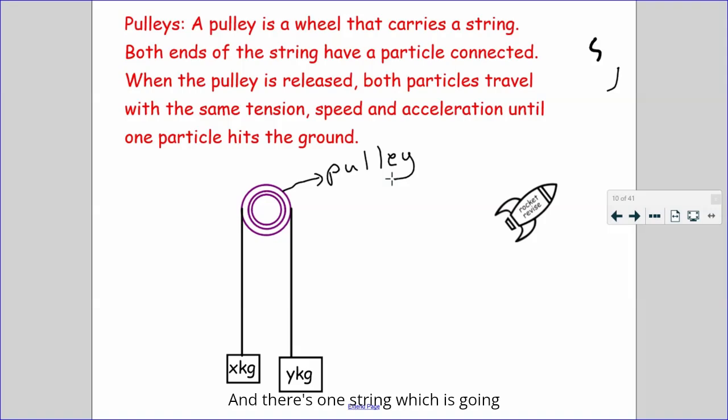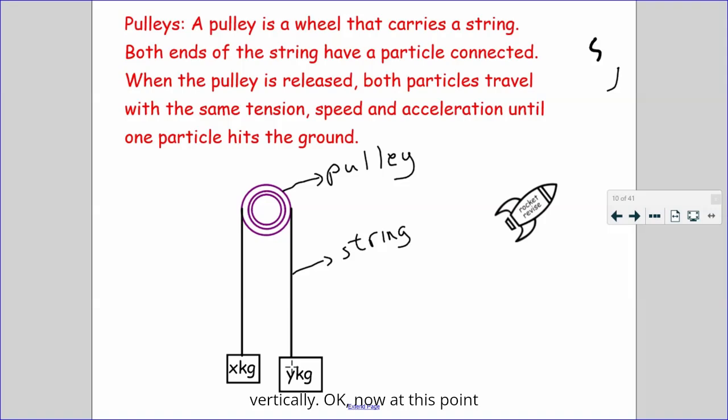And there's one string which is going around the pulley and carrying it to two ends. Okay, so this is one string. It's not two separate strings. That's a misconception. So there's one string which is going around, and there are two particles which are hanging on the string, right? So that's how a pulley situation looks like. This is a vertical pulley. Both strings are hanging vertically.